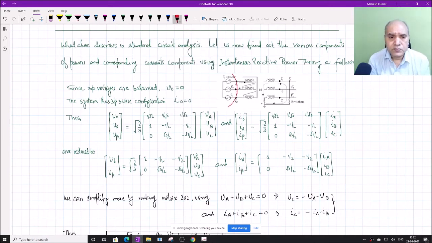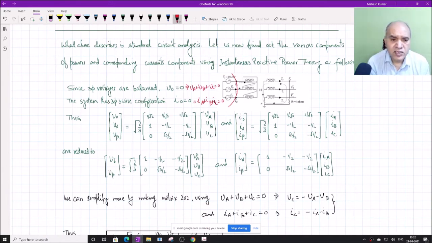Therefore, the zero sequence component of current will be equal to 0, which means IA plus IB plus IC will be equal to 0. And since the 3-phase voltages are balanced, V0 is also equal to 0, which implies that VA plus VB plus VC, either in time domain or phasor domain, will be equal to 0.